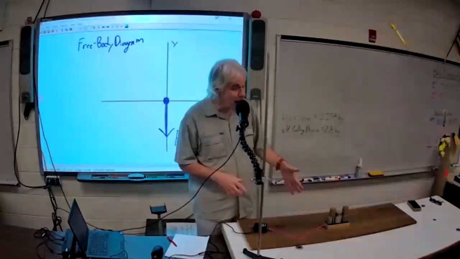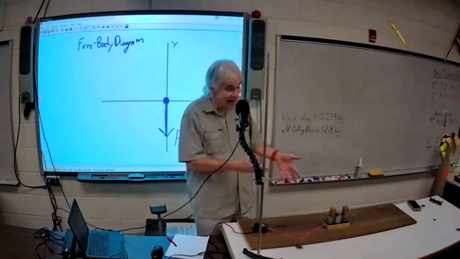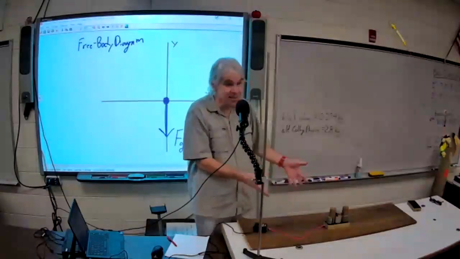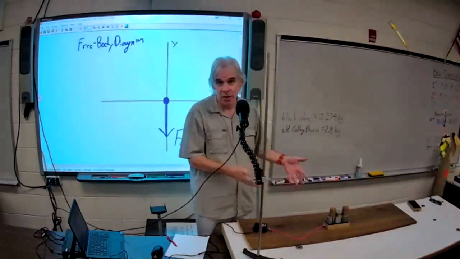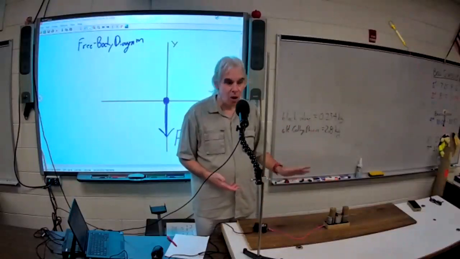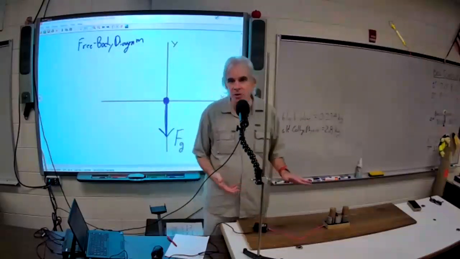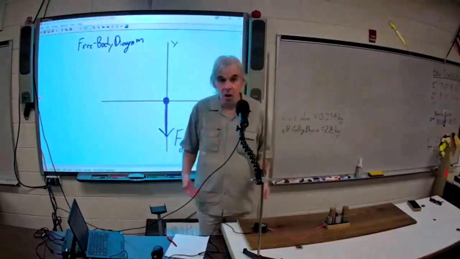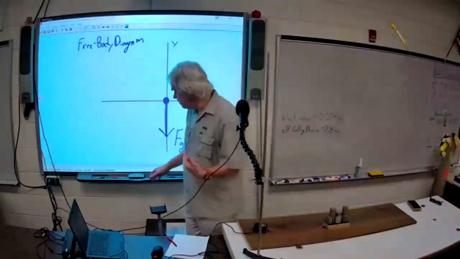Now, what else do I know about this object? Well, I can clearly look at it and see that it's not accelerating. It's not even moving, let alone accelerating. So it must be, by Newton's second law, that all of the forces add up to zero. Let me write Newton's second law, solved for a.